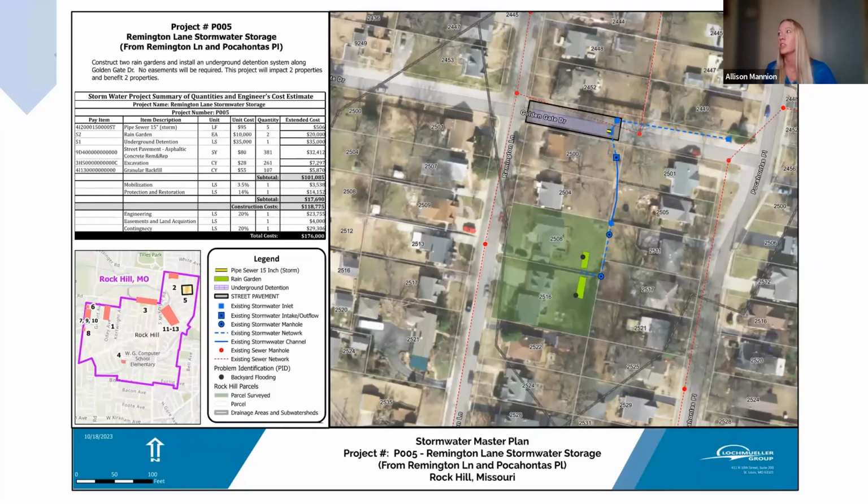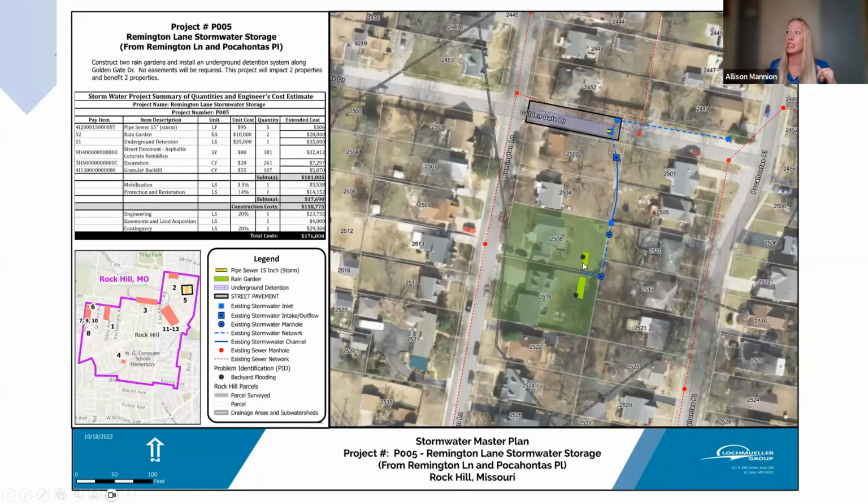Remington Lane stormwater storage. This project is one of those instances I was discussing earlier where there is a network of storm sewers that ends at a sinkhole. This storm sewer system looks like it just ends here, but there's actually a sinkhole located here. The water is collected in these inlets and conveyed in the storm sewers and channel into a sinkhole. However, when there's a larger rain, that sinkhole is inadequate to collect all of that stormwater and immediately put it in the ground, so we need a solution to help attenuate that.